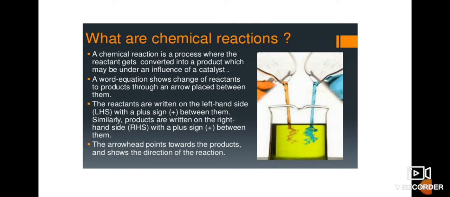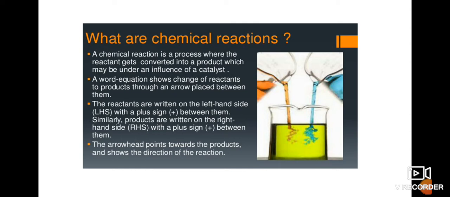So just for our ease and for making the chemical change understandable, we use chemical reactions to depict the process. Now, a chemical reaction is a process where the reactant will get converted into a product. So basically there will be a reactant and there will be a product which is formed after the reaction.